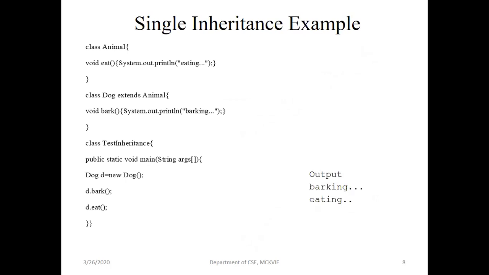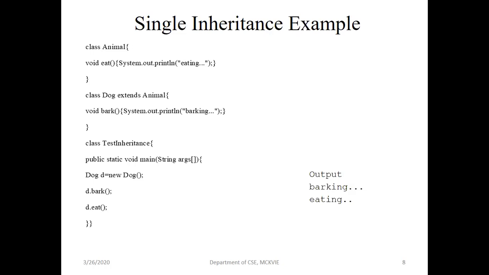So this is an example of single level inheritance. Look, class Animal, void eat is a defined method of class Animal. Then class Dog extends Animal. Void bark is another defined method of class Dog. Fine. So which one is the parent class here? Animal. Which one is the child class here? Dog.